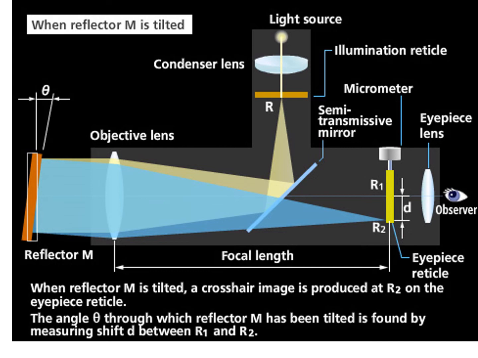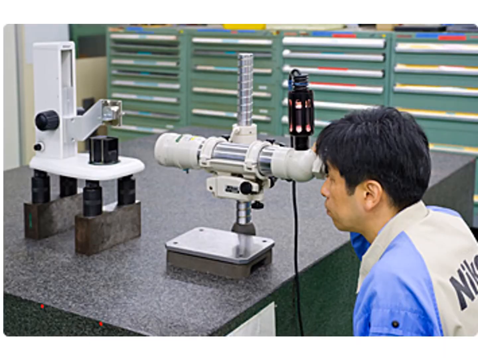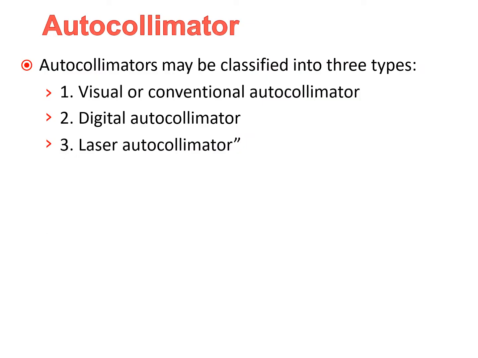When reflector M is tilted, the focal length is the distance between the eyepiece and objective lens. It is in the reverse direction. Look at this measurement. Autocollimators may be classified into three types: visual, digital, and laser.